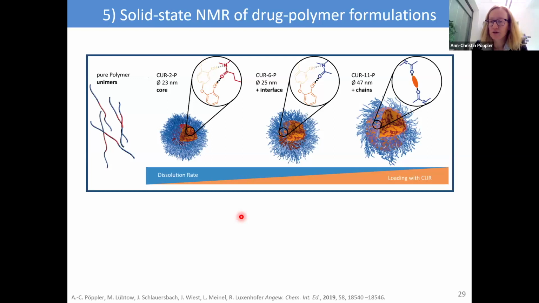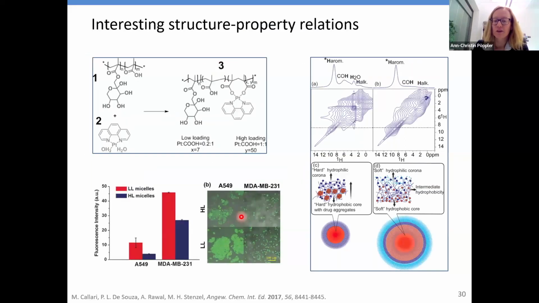And there's a lot of interesting work on correlating the structure of materials with the properties, so these structure property relations. And I could name many, but I would like to focus on one that was kind of my inspiration to go deeper into this whole field, which was a work by Martina Stenzel, which she published in 2017, based on a polymer with carbohydrate sugar units.